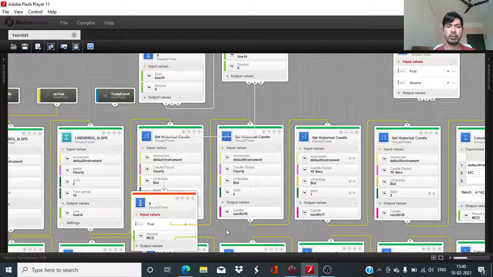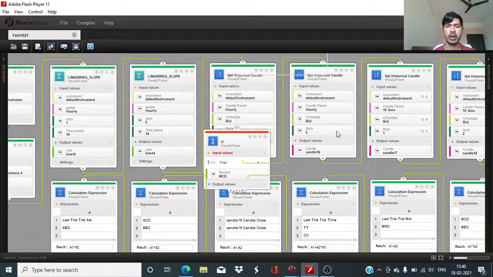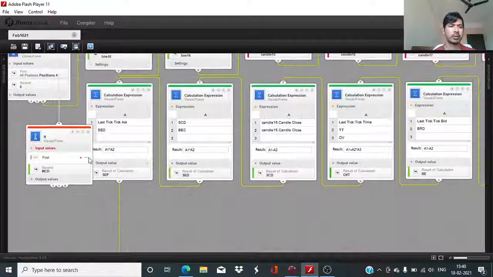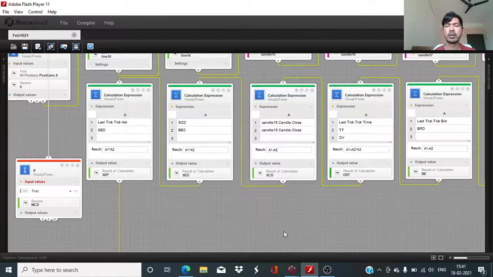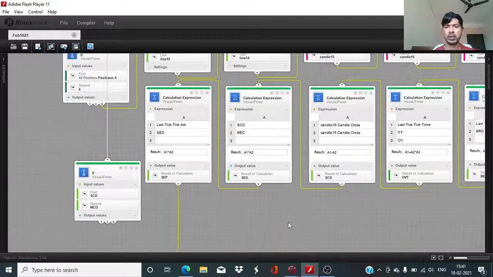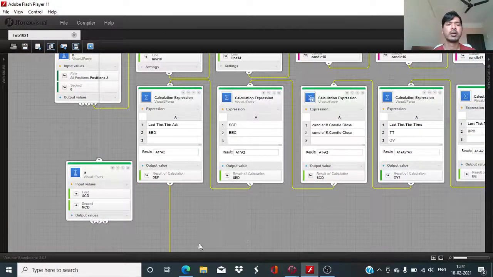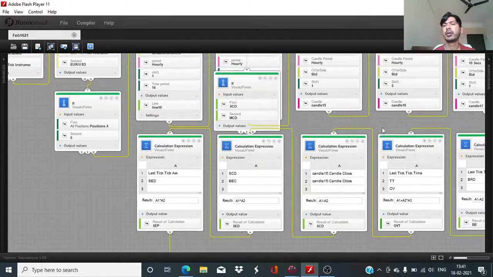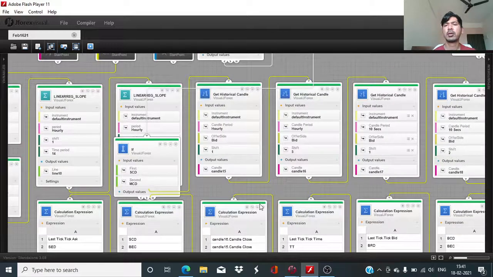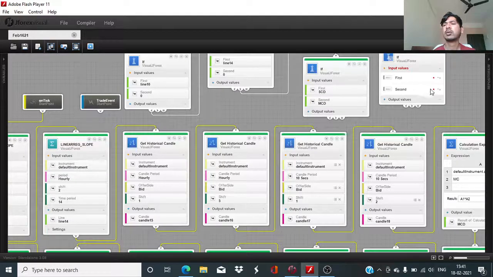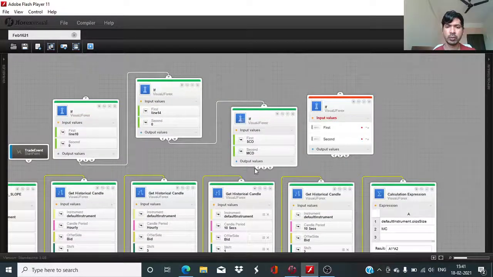So I will take this block and get this calculation result. SCD needs to be greater than MCD. Okay, first input greater than second input.